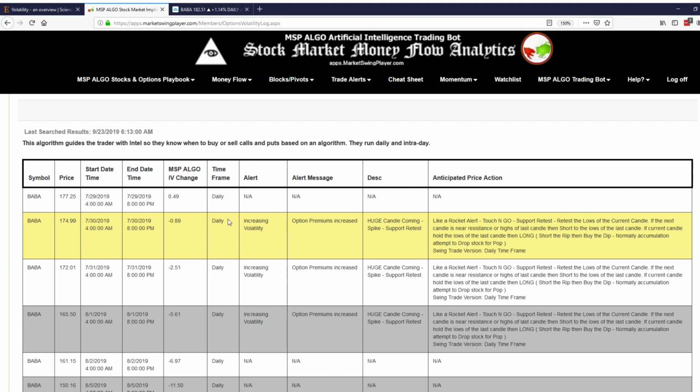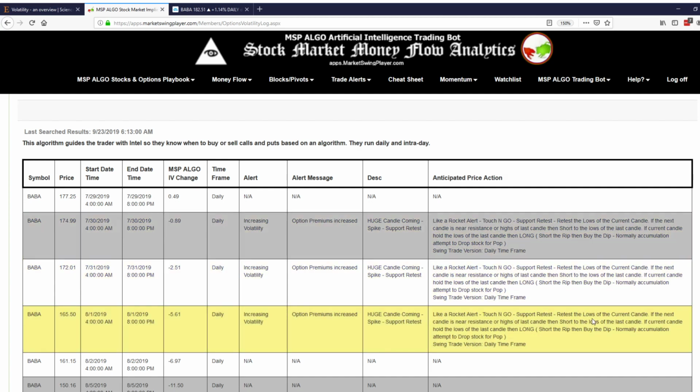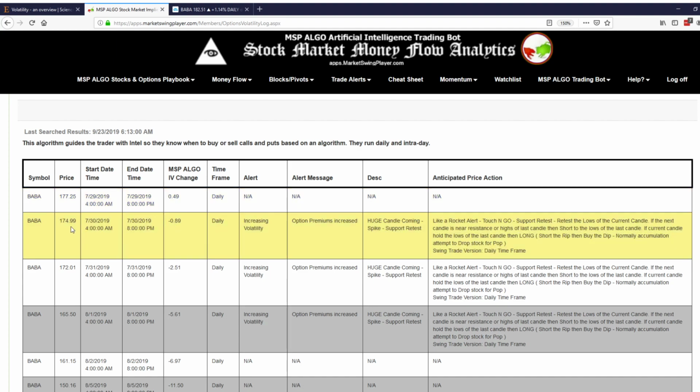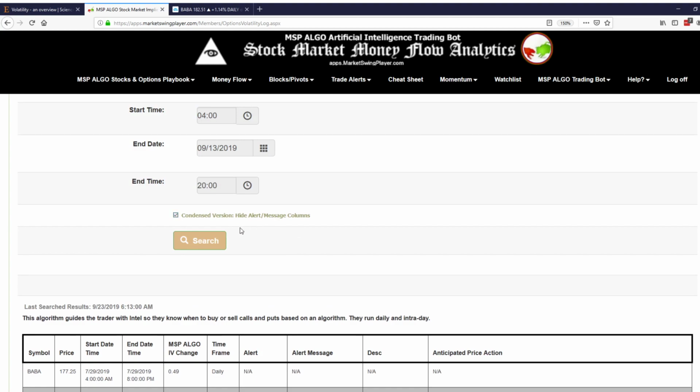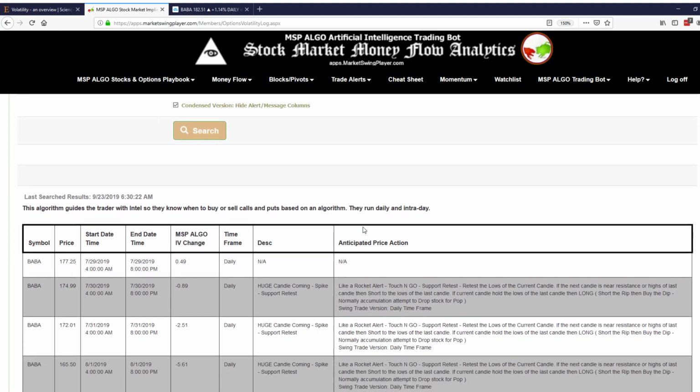And the time frame, we did a daily search, and this is pretty much generic. So we could see on the 29th we didn't have an alert, but we got an alert on the 30th, and it says increased volatility, options premium increased, and we're going to remove these two columns here because it's really in the way and it's not really that helpful.